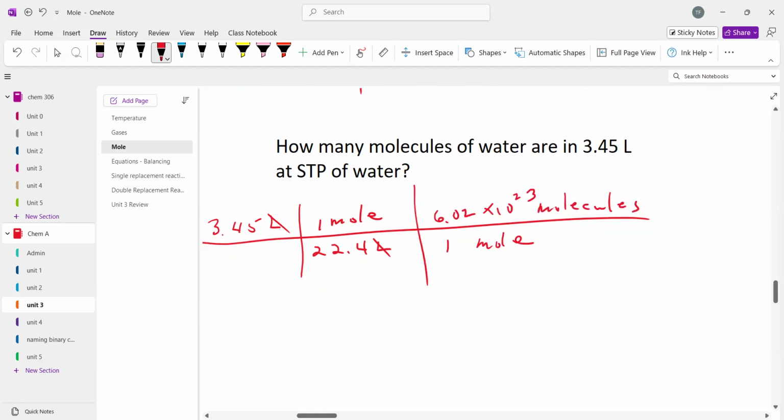Depends on what we're dealing with. Now, water is a molecule. It's not single. So we're going to be using the 6.02 times 10 to the 23rd molecules rather than atoms. Okay, so moles cancel, gives us number of molecules.